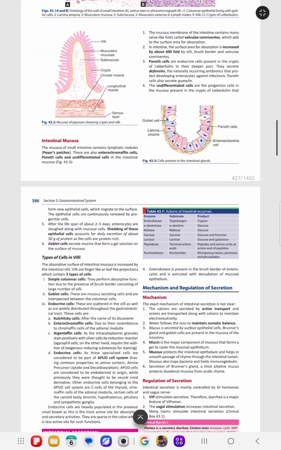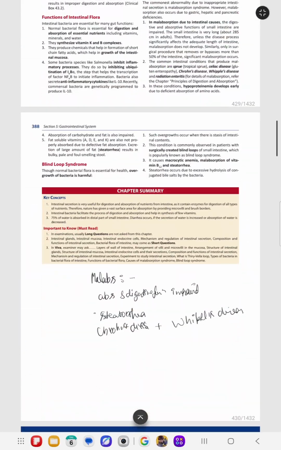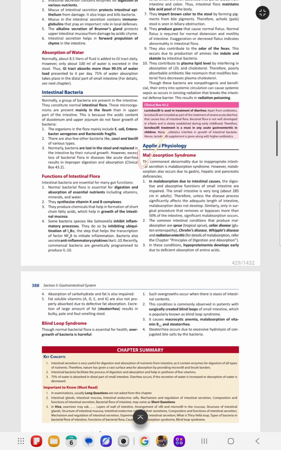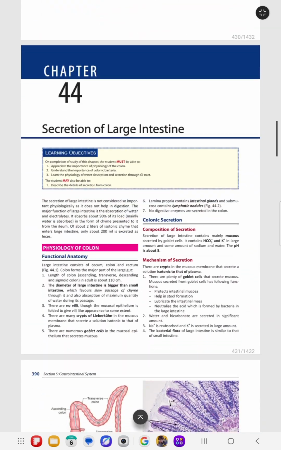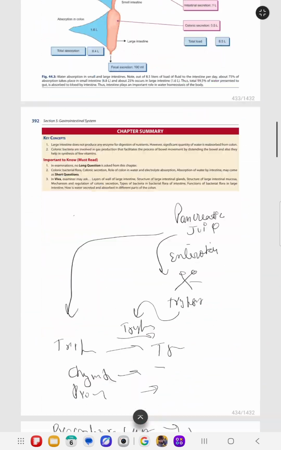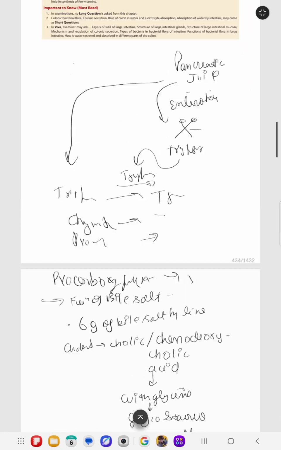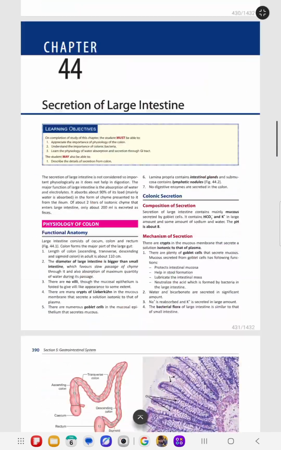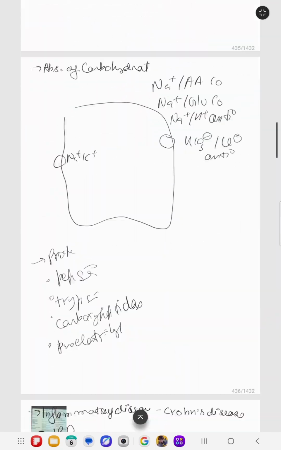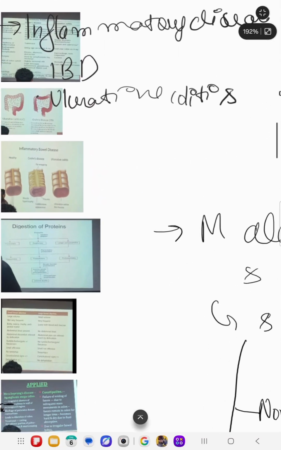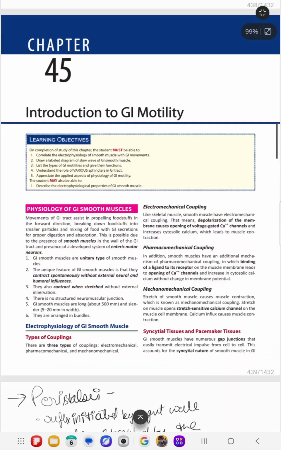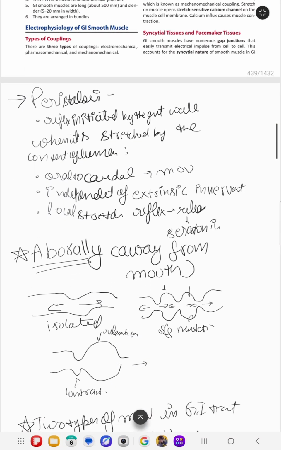Then we are left with one chapter up there. Malabsorption is also important. Then a question comes: what is the function of bile salt? And there are some diseases which I'll let you know about. I guess about two chapters are left.